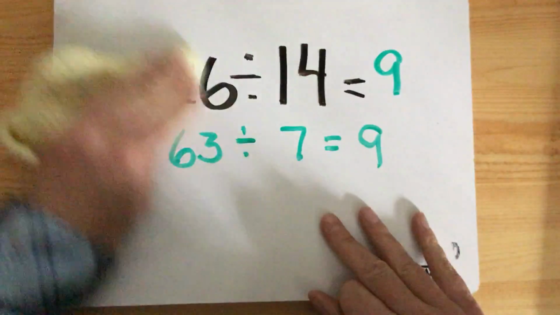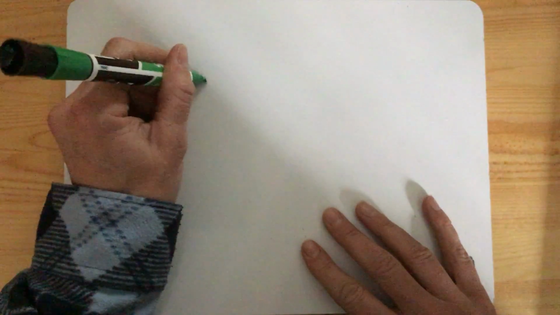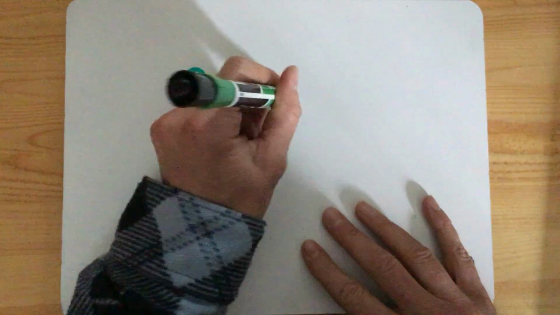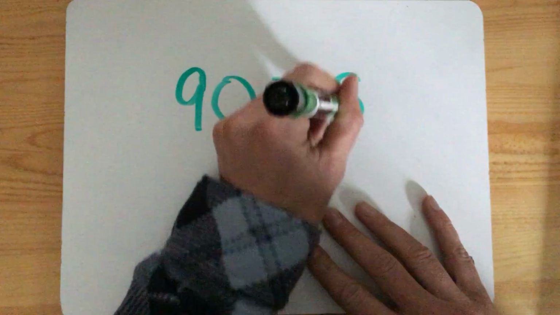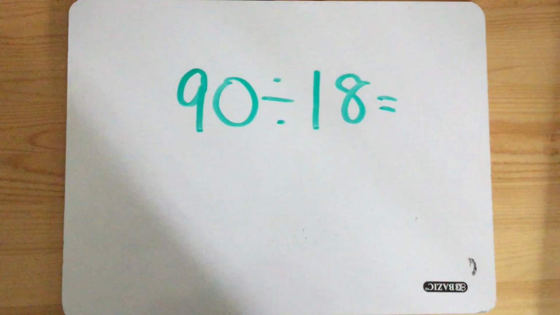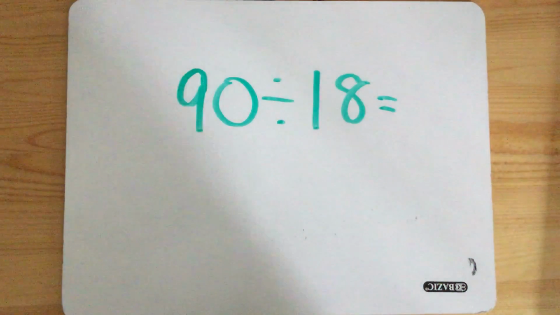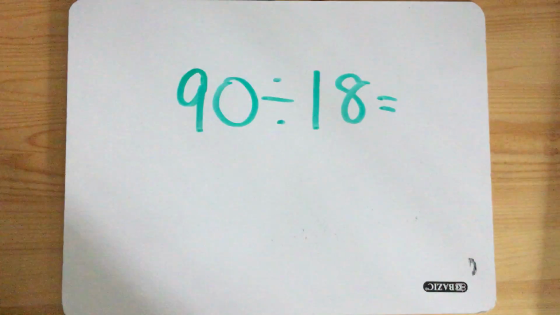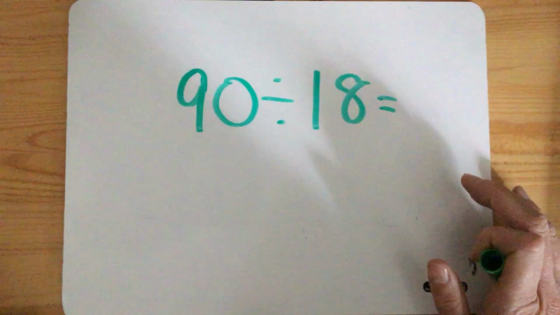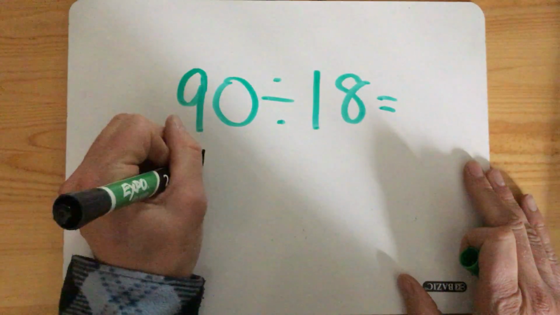We'll try it one more time. Actually, we'll do it two more times. So the first one we're going to do is 90 divided by 18. Again, I cannot do 90 divided by 18 in my head. I can't do in my head 18 times what equals 90, but I can halve it. So I ask myself, well, what is half of 90? What plus what equals 90? 45.